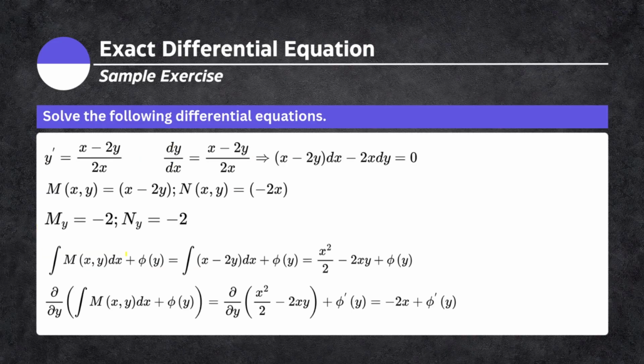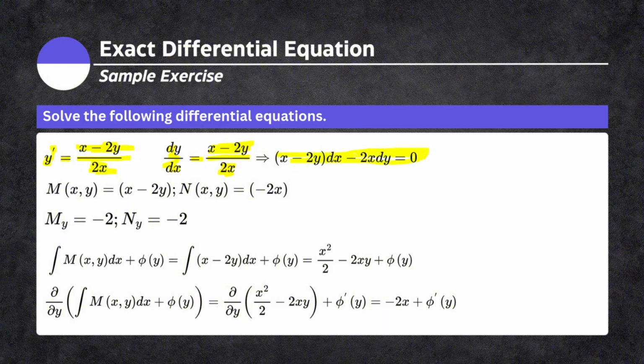Another example. So let's say we have y prime equals x minus 2y all over 2x, and this y prime we can write as dy over dx equals x minus 2y all over 2x.